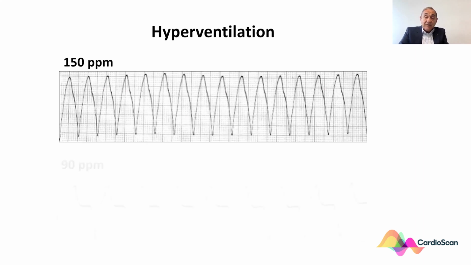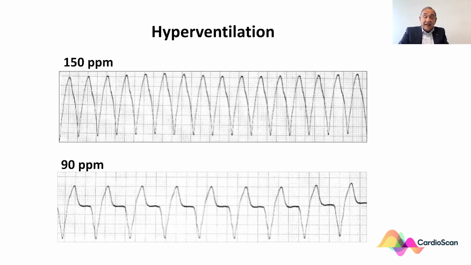The patient was given a sedative, and 10 minutes later the heart rate had fallen to 90 beats per minute, and it was clearly the hyperventilation effect which caused the pacemaker to pace at its upper rate limit.